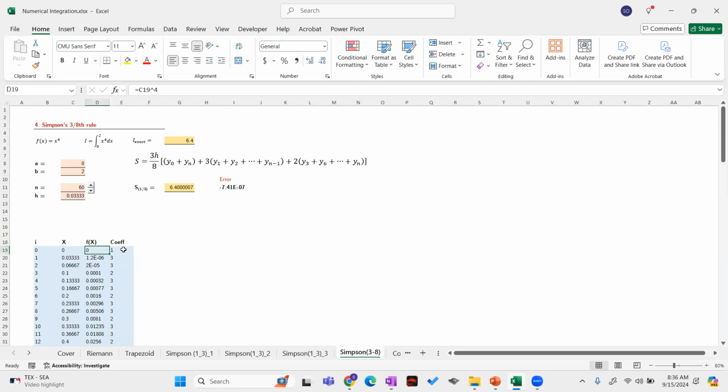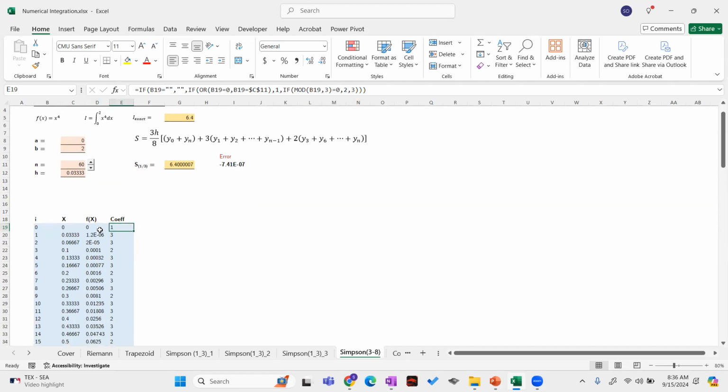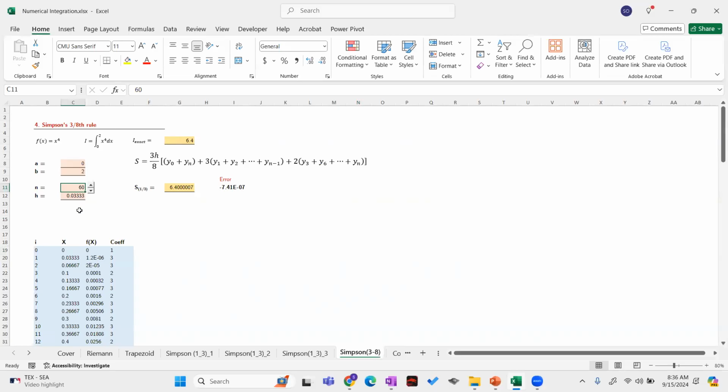Calculate the f of x. If you look at the coefficients, there are 60 steps here. Let me make it 6. 6 is an allowed number because this is a multiple of 3. We need something that is a multiple of 3. So this is fine. First coefficient is 1, last coefficient is 1. Then we have, for y1 it is 3, y2 it is 3, but for y3 it is 2.